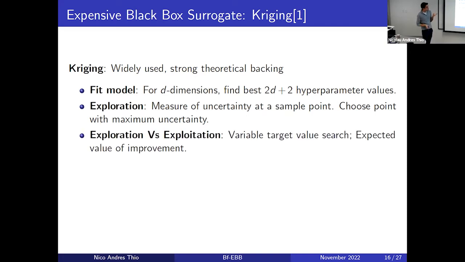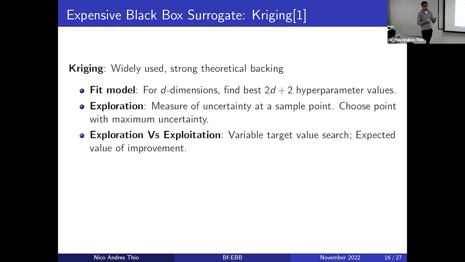And then it has a very nice exploration versus exploitation combination. When you're trying to optimize, you want to, one, learn more about your sample space and find good areas. But two, you want to exploit. So once you've found good areas, you want to sample there some more. So kriging has a very nice method here, which is known as expected value of improvement, which essentially says, in this particular position, I expect to improve the best point by this much.